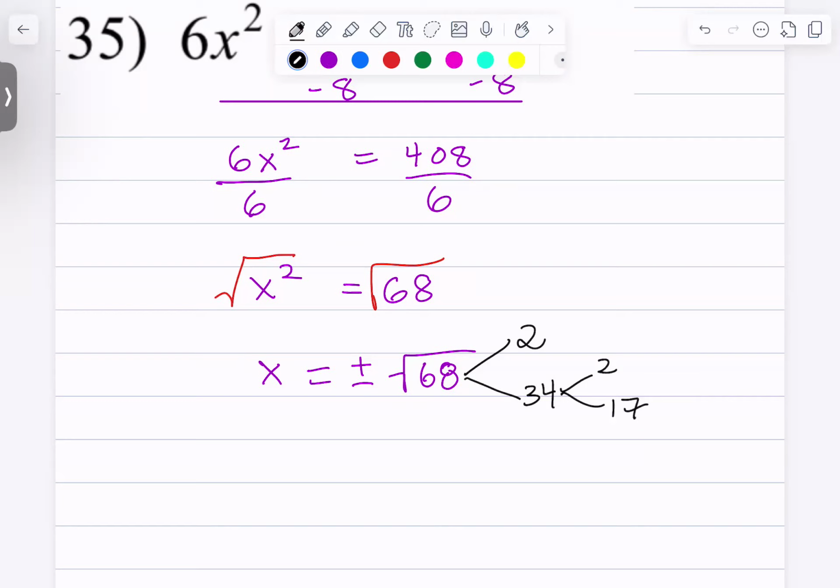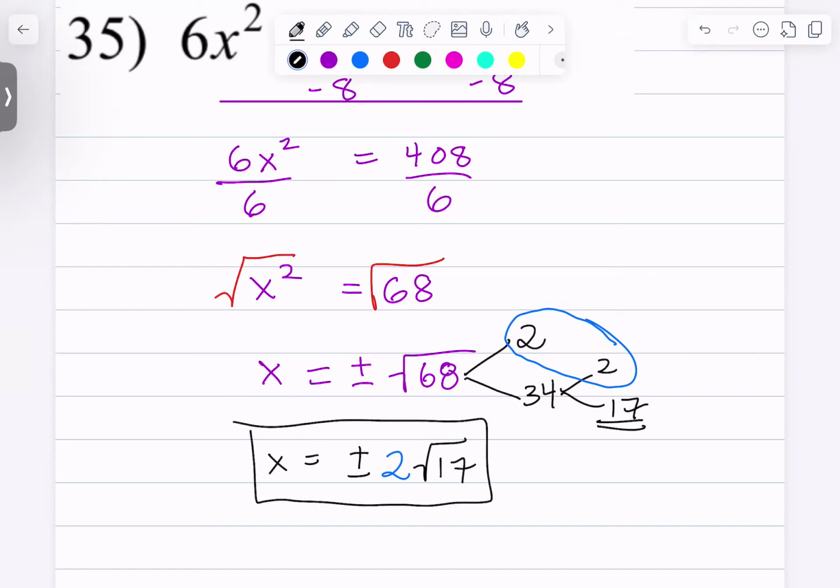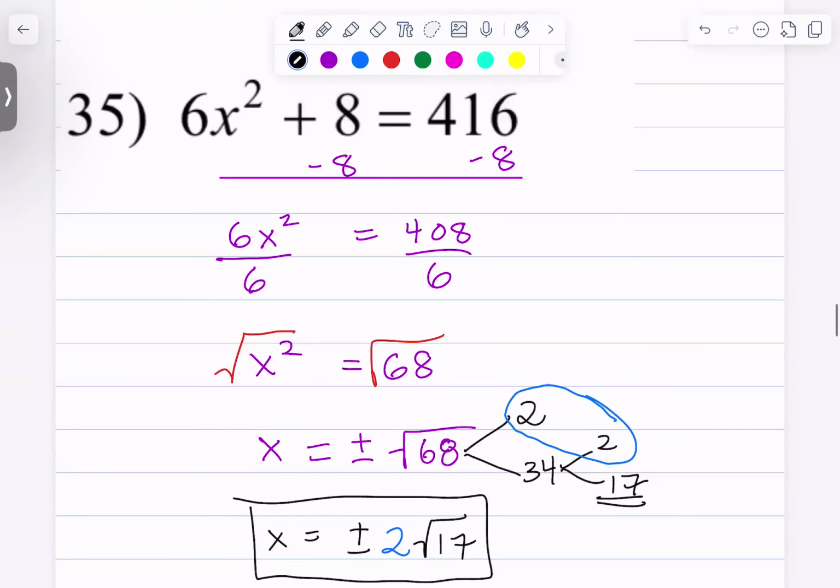And 17 is a prime number, so you're good. So here I am going to take out a 2 because there's a pair of 2's. What's left over inside is this 17 here. Plus or minus equals x. Cool? Okay, and that is 35.